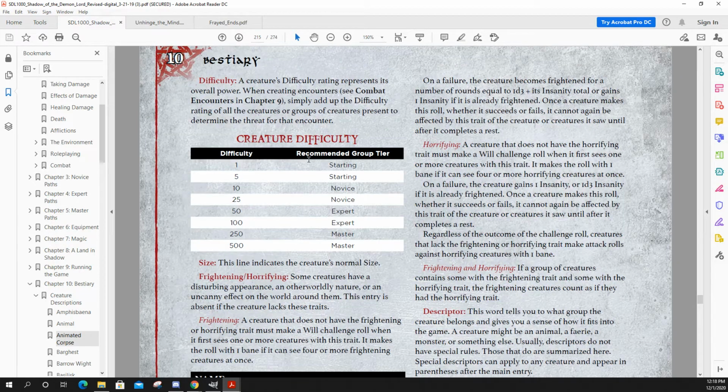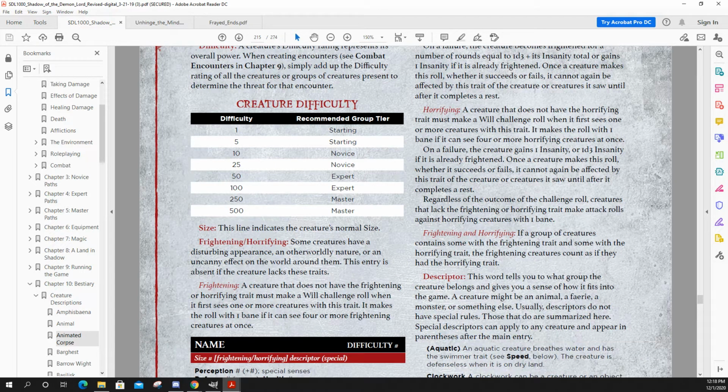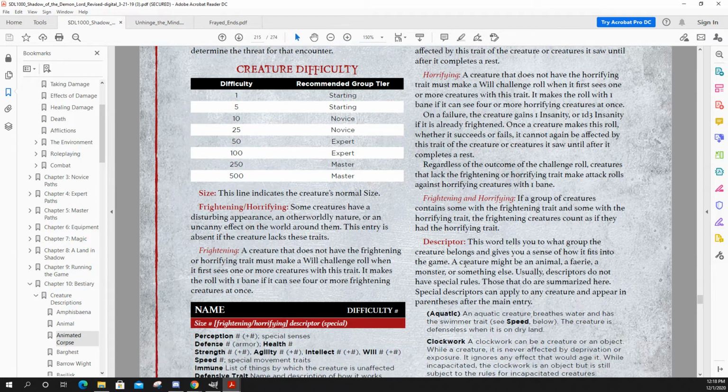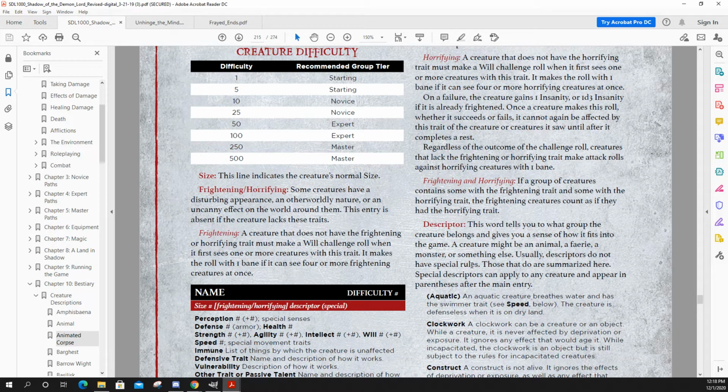But what I fail to do just about every time is I fail to take the frightening aspect of the creature into consideration. So I just start the encounter, and it's just a normal encounter with the players fighting an undead creature. But the horror aspect is what should make undead that much more scary, rather than just fighting any other normal creature.